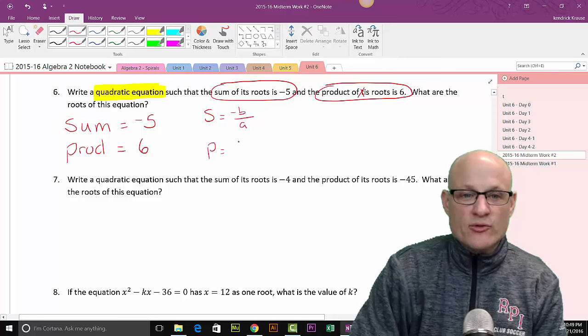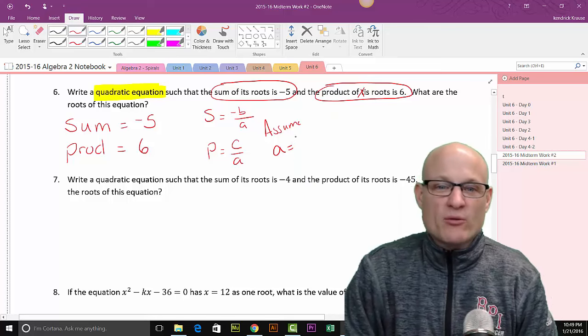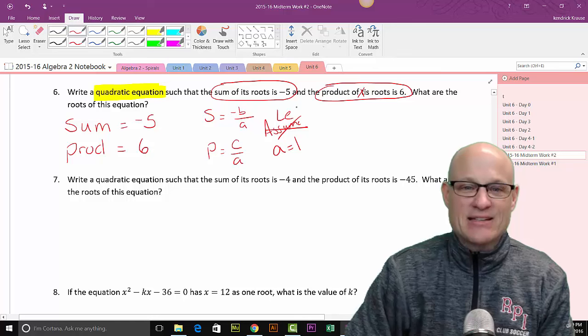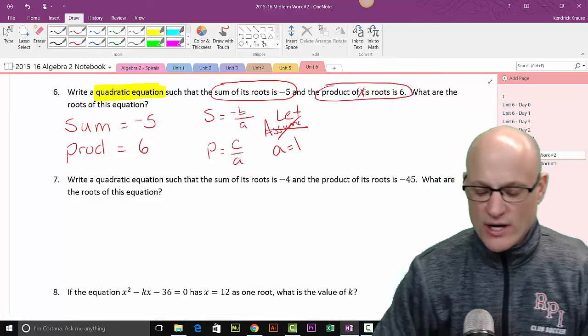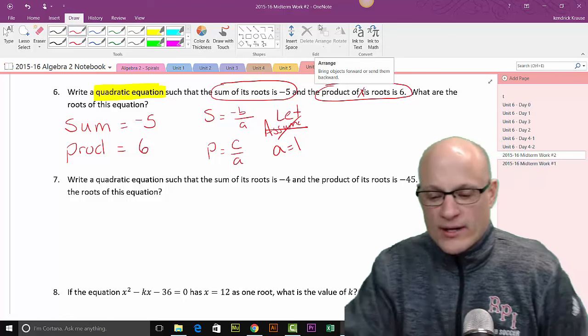Product is equal to c over a. And we just make an assumption. Maybe we're just going to say let a equal 1. We're going to write a quadratic where a is equal to 1.